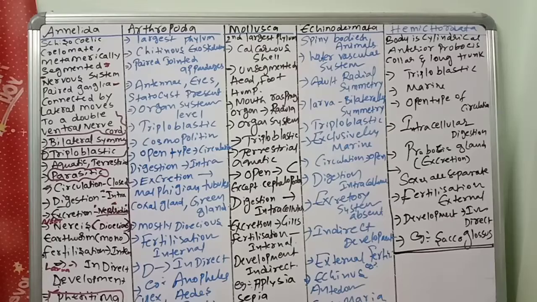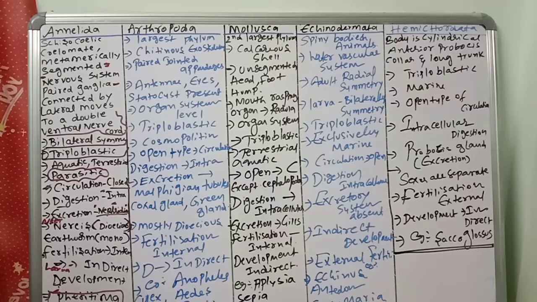In the next class, we will discuss the chordates: what the chordates are and their classes, amphibians, reptiles, aves, mammals, and the characters of each. These we will discuss in the next video.